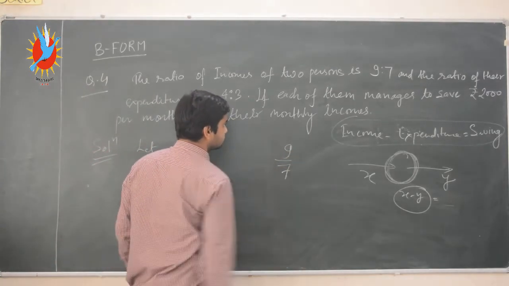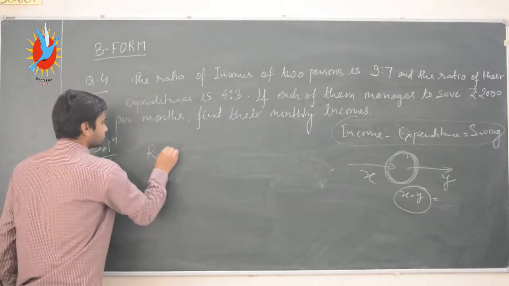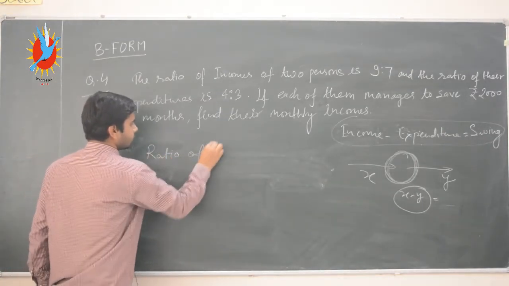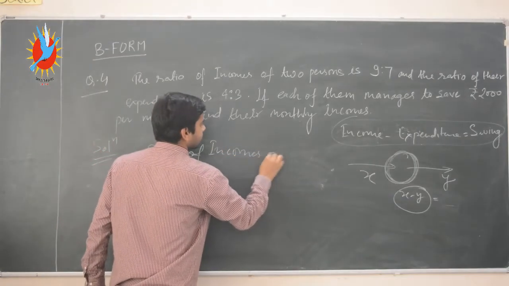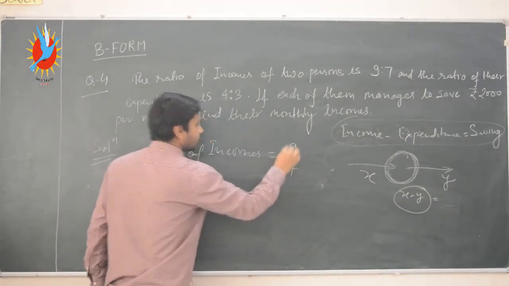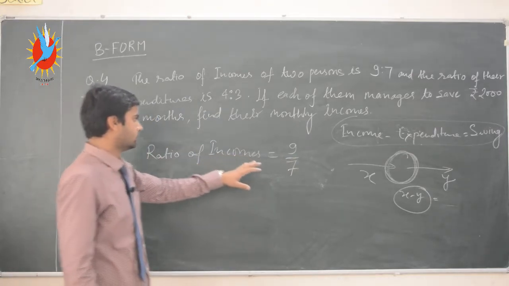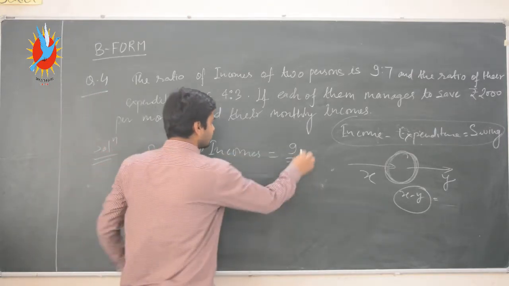We can write the ratio of incomes as 9/7. We just assume that the common number which gets cancelled out here is x.